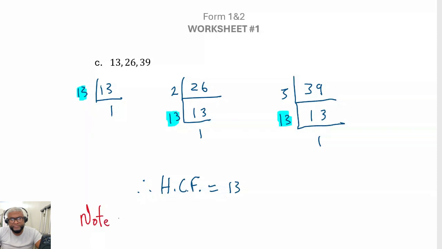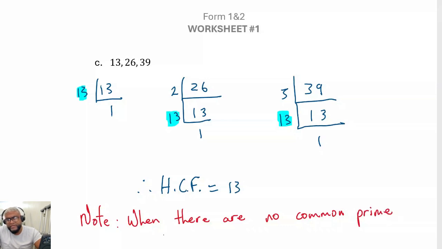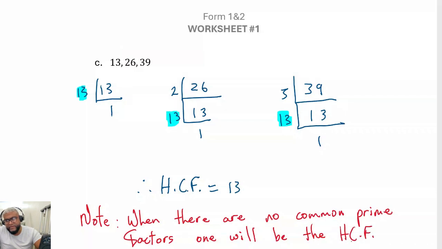Note: when there are no common prime factors, one will be the HCF. So when there's no common prime factor, one will be the HCF.